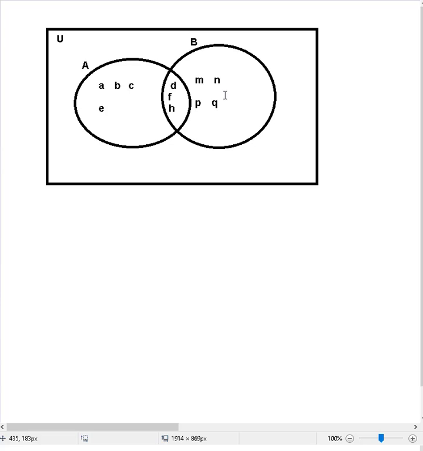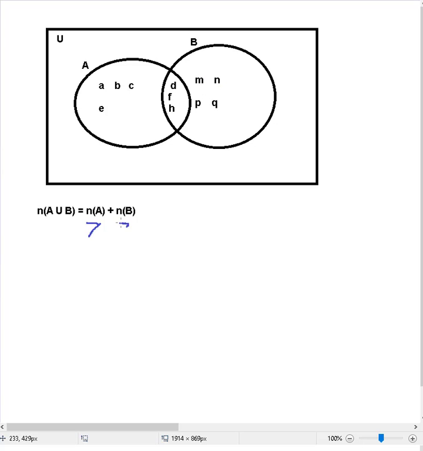Could I say this? Could I say the cardinal number of the union of A and B, I could just add up the cardinal number of set A and the cardinal number of set B. Well, to find the cardinal number for A, it's going to be 1, 2, 3, 4, 5, 6, 7. The cardinal number for B will be 1, 2, 3, 4, 5, 6, 7.